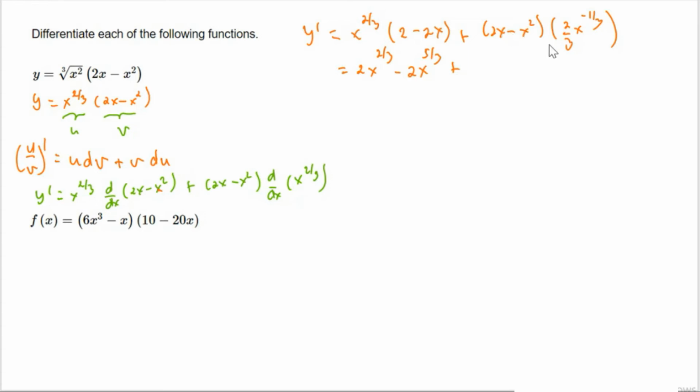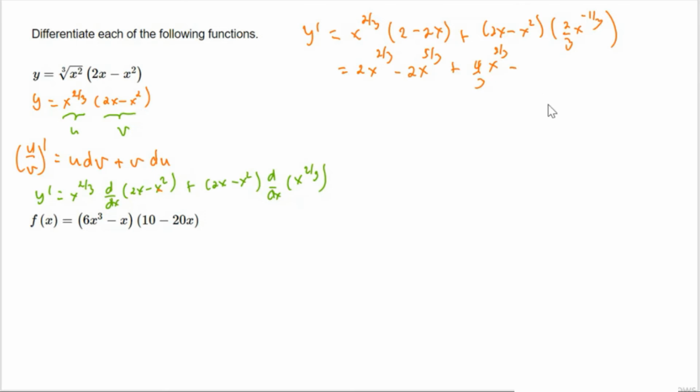Using the distributive property, we have 2 times 2/3 equal to 4 over 3, and add the exponents of x. The exponent here is 1, so 1 plus negative 1/3. So the product of x times x to the power of negative 1/3 will be x to the power of 2/3.